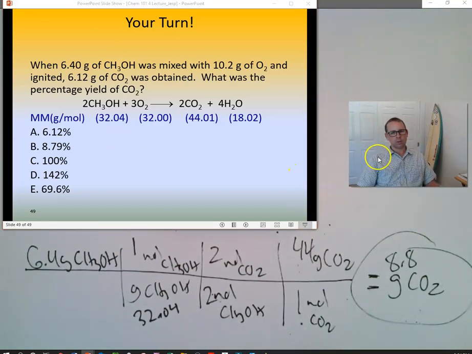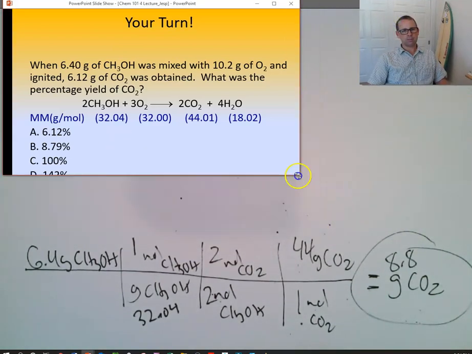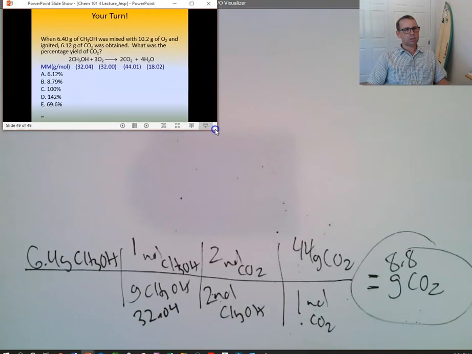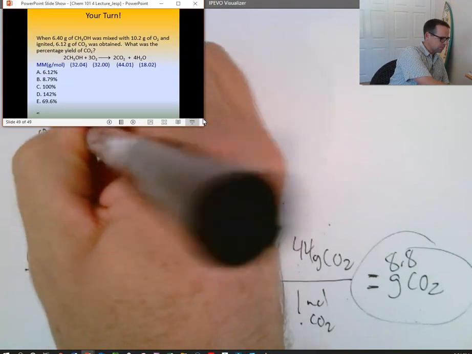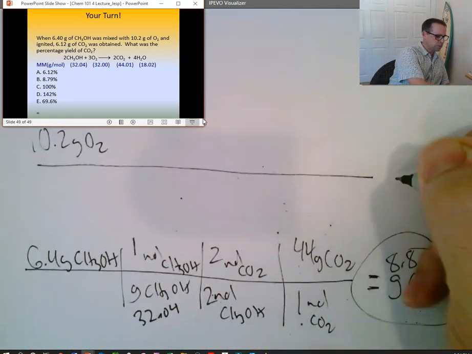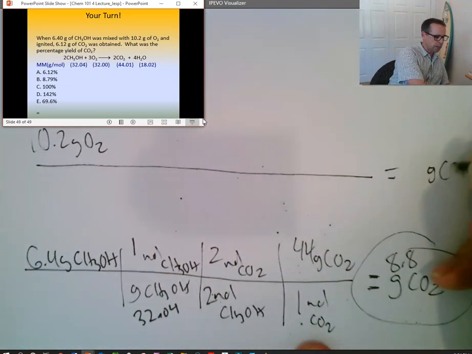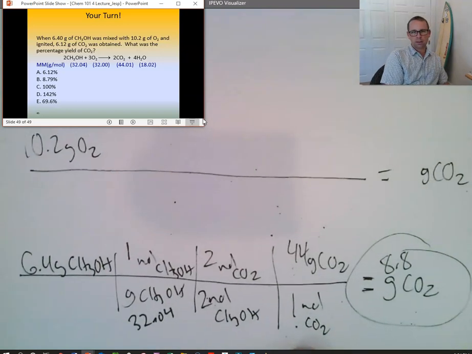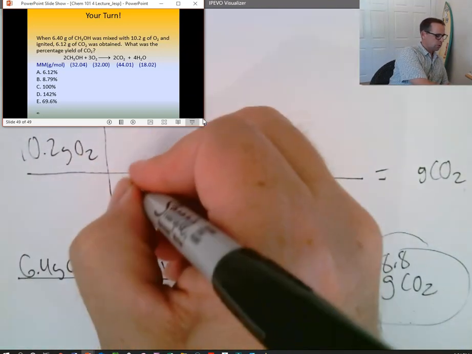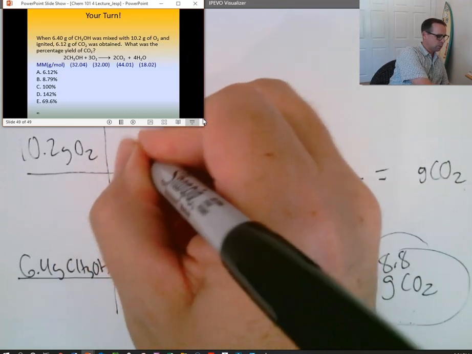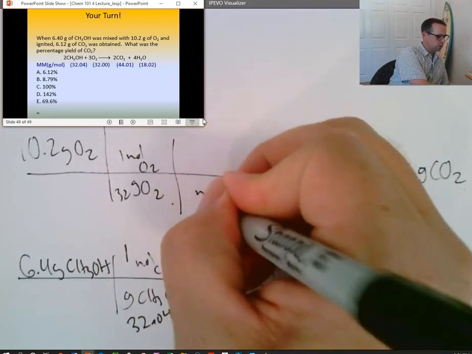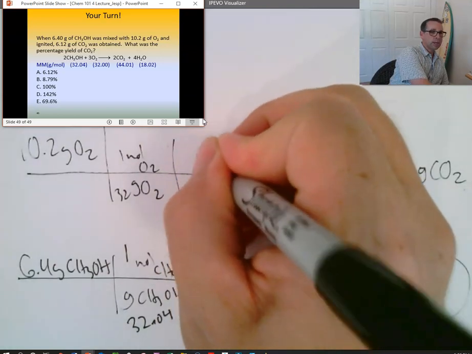All right. So we're going to do that again, this time with our 10.2 grams of oxygen gas, and we're wondering how many grams of carbon dioxide that's going to be able to produce. I go from grams of O2, 32 grams for every 1 mole of O2, and then I go from mole of O2 to mole of carbon dioxide.